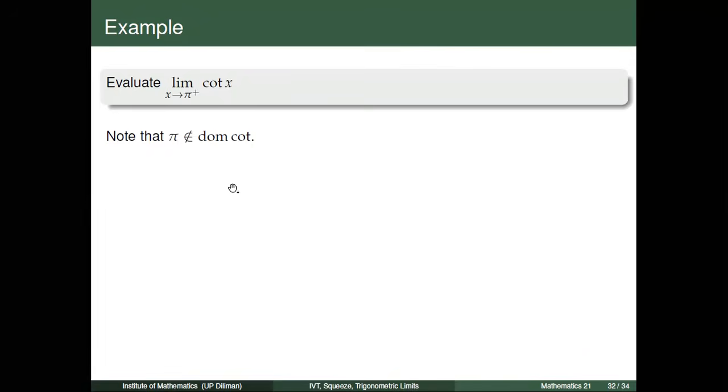However, we can note that by writing cotangent x as cosine x over sine x, we have something whose numerator approaches cosine pi or negative 1, and whose denominator approaches 0. So the limit is infinite, and we just need to determine the type of value sine x passes through as x approaches pi from the right.